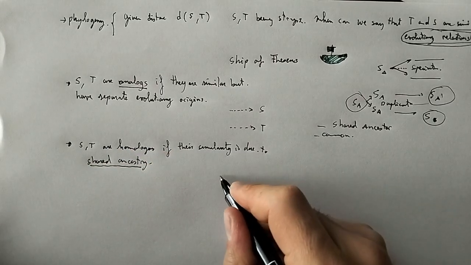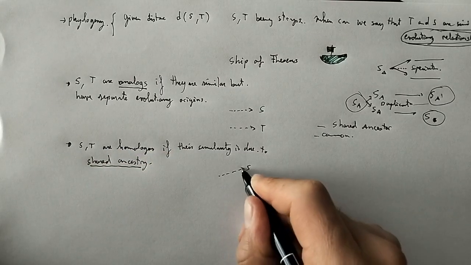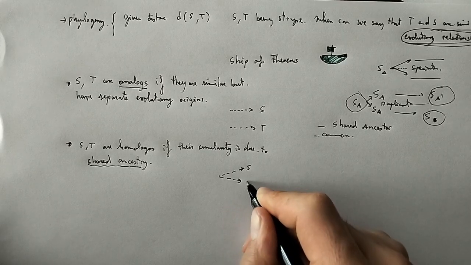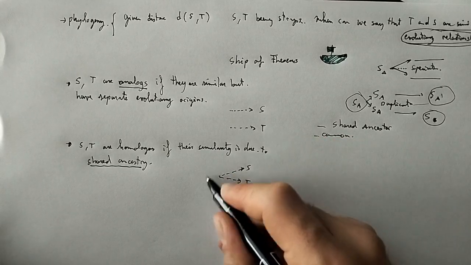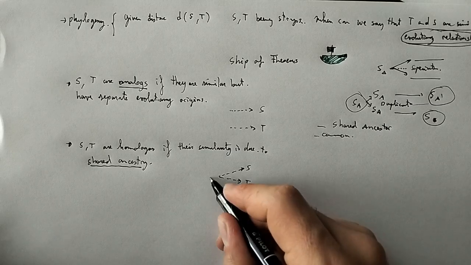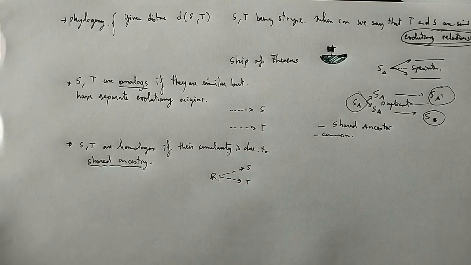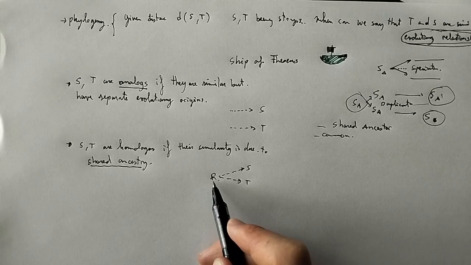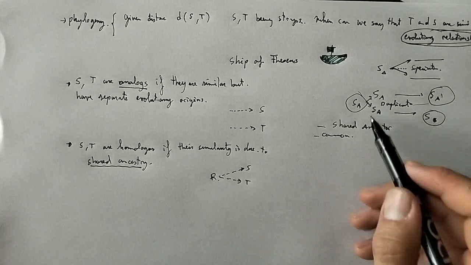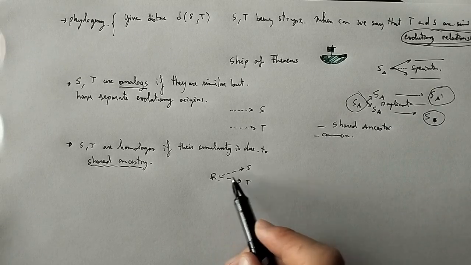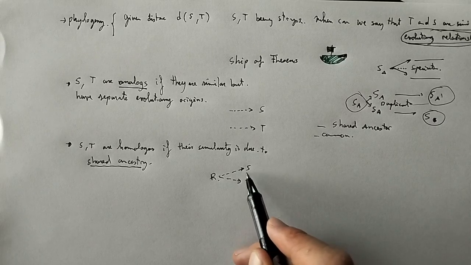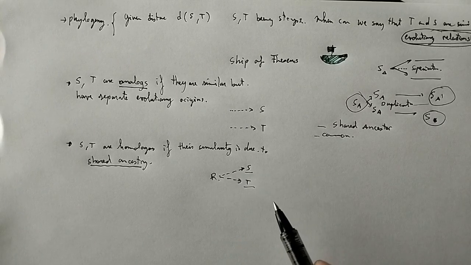Okay, so in this case it means that at some point S and T have had some kind of common ancestor. Let's call it R. Okay, so we had one common sequence R, for example. Then we had this duplication event and accumulations of mutations that lead to S and T.